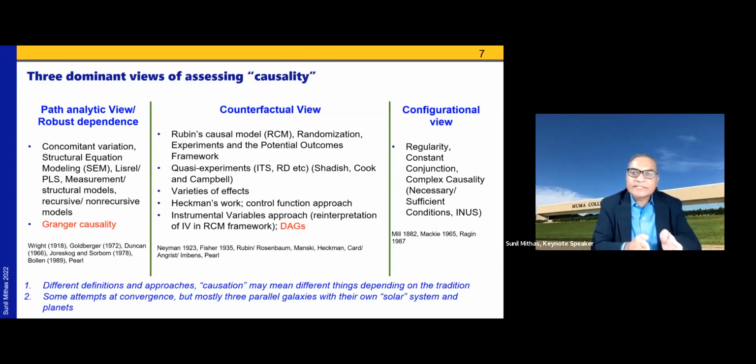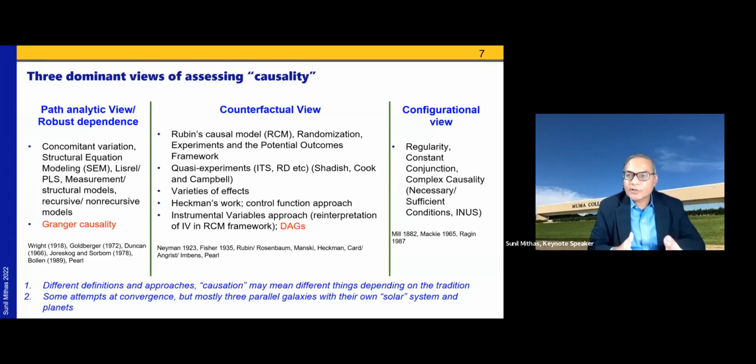One could say that this is an example of robust dependence. You are establishing a very strong correlation, and it is hard to know whether we can necessarily assign causality to that or not. Although the word causality appears very, very frequently in the path analytic view. And there are very strong believers in the path analytic view, including in our field as well. Some people believe that path analytic view helps us to get to the causal mechanisms.